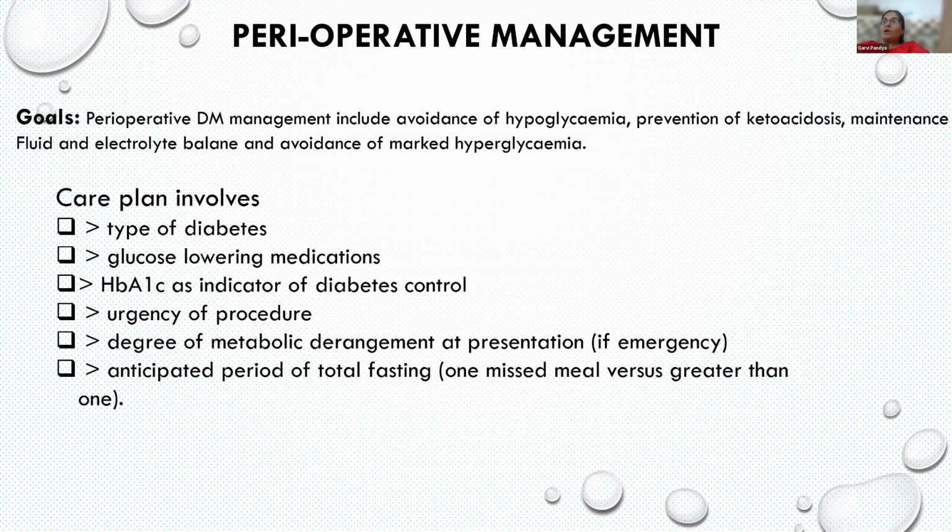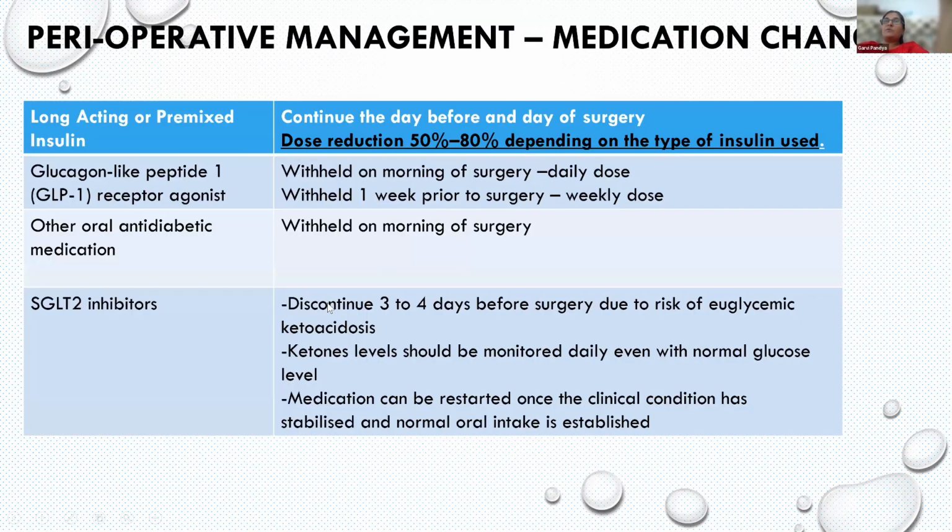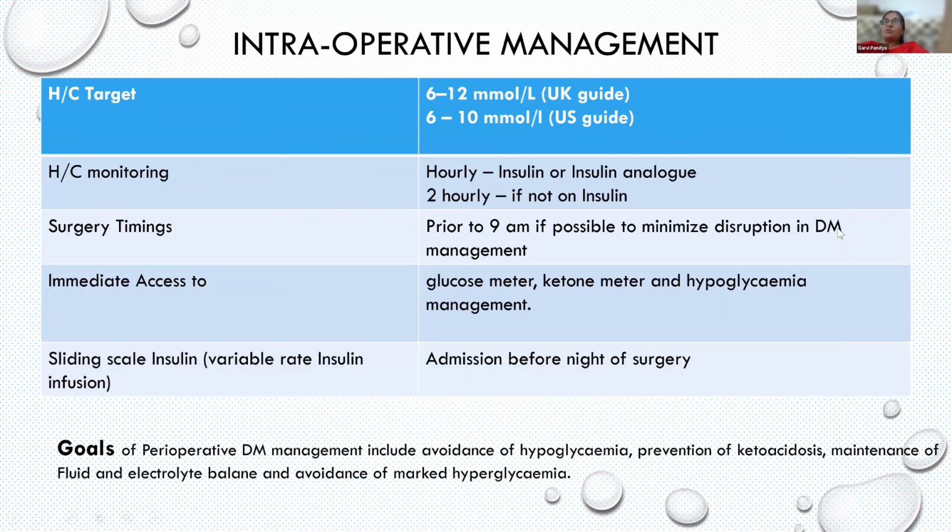So in view of time, I will go very fast with these slides on how we should manage. If they are on insulin, cut down the insulin dose. Some medications like GLP-1 agonists you can continue. Other oral diabetic medication can continue until the day of surgery, but the SGLT2 inhibitor has to be stopped 3 to 4 days before surgery because it can lead to euglycemic diabetic ketoacidosis.